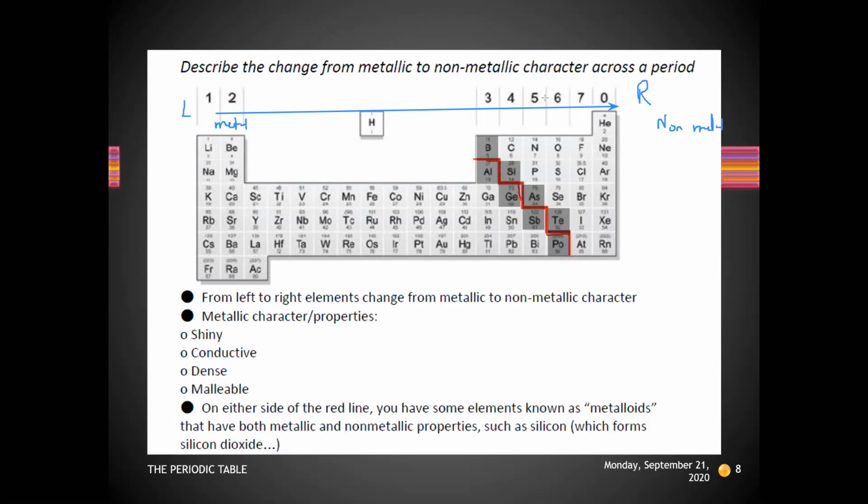The blue shade on the left hand side, the elements in the blue shade, are known as the metals. And in the red shade, the elements are non-metals.